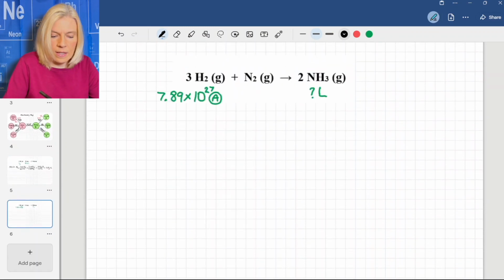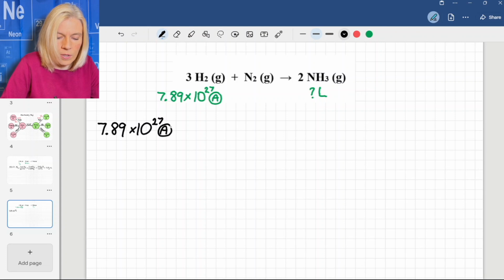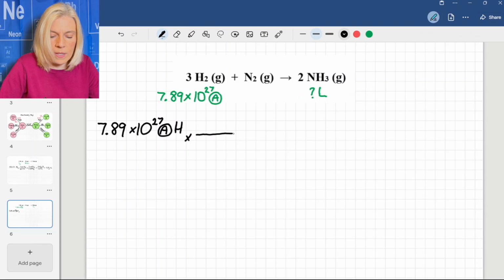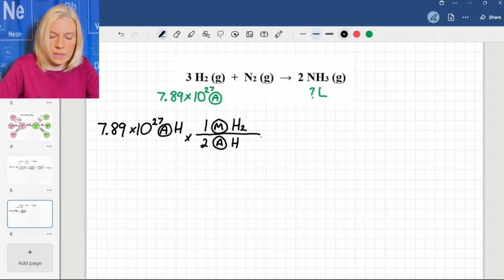Okay. So we have 7.89 times 10 to the 27 atoms of hydrogen. Now, atoms are just single. Now we have to say, wait a minute, how many atoms? Hydrogen is H2. How many atoms? So 1 molecule of H2 is 2 atoms of hydrogen, yes?